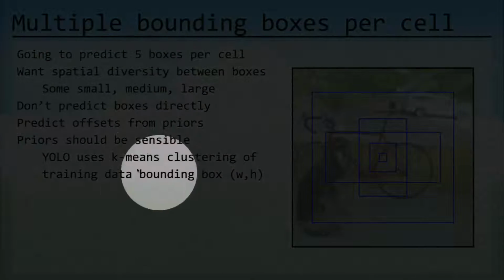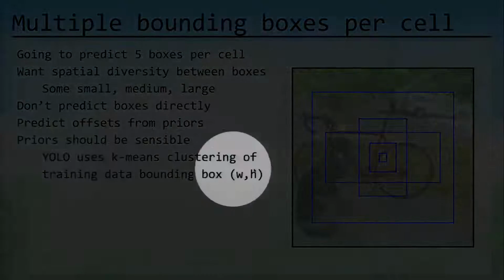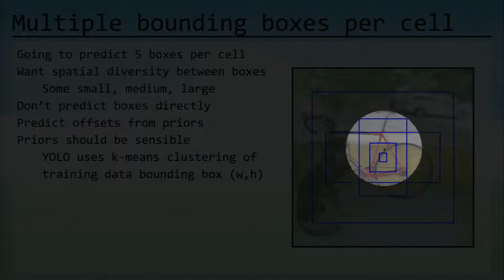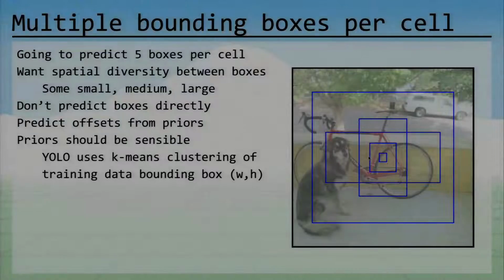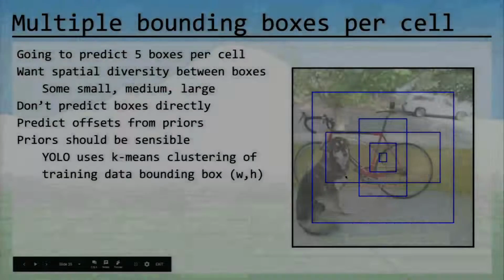And importantly, these priors should make sense for what the data is that you're looking at. If you don't have any really small objects in your data set, it doesn't make sense to have any bounding box predictors trying to find really small objects. Same thing if you never have any really large objects, it doesn't make sense to be looking for them, because these large priors will basically never be used.